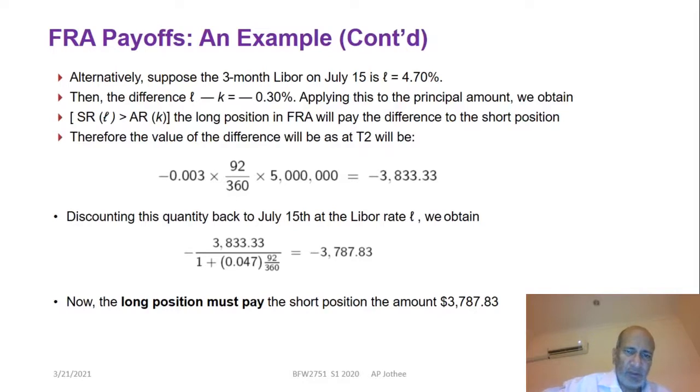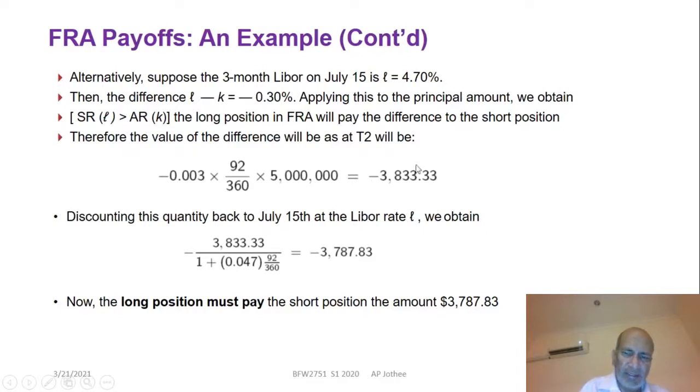Therefore, the value of the difference will be at the T2, we always calculate for the T2 level. Okay, this one I will adjust this. It's supposed to be lower than. SR is lower than AR 5%. Please note that I will change afterwards.